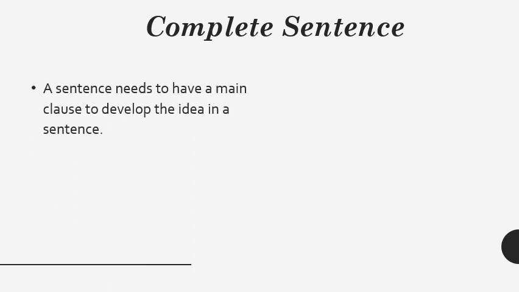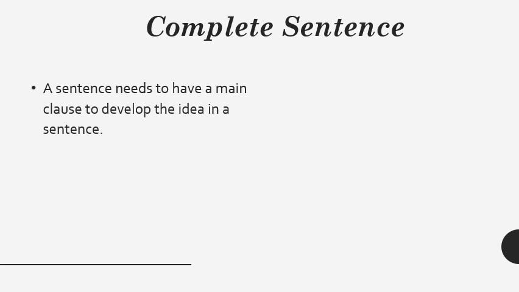A sentence needs to have a main clause to develop the idea in a sentence. So I must have a main clause to develop the main idea of a sentence, to give me a complete thought. Or in other words, to make it simpler for you, a sentence is a group of words that gives me a complete thought.